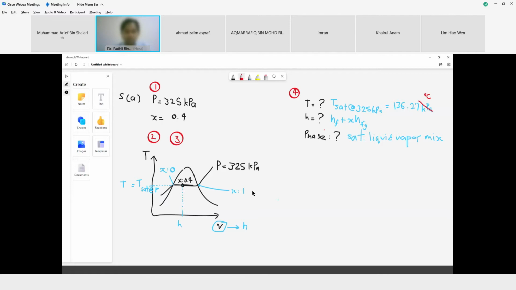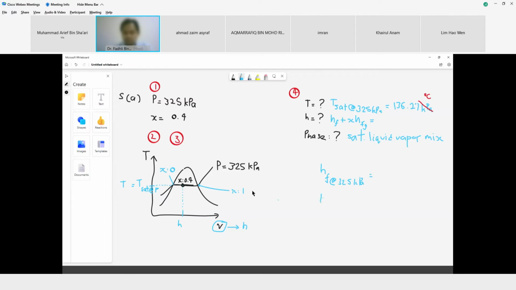So now we have to find hf at the given pressure, 325 kilopascal, from the table.